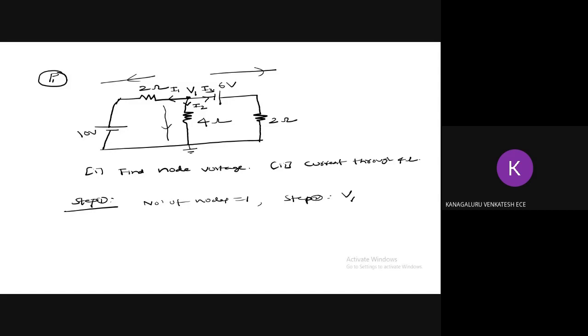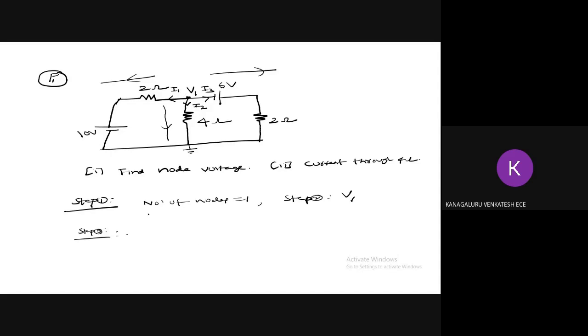All branch currents are I1, I2, I3. Now step 3: apply KCL at the node. KCL says the algebraic sum of the currents leaving the node equals 0.